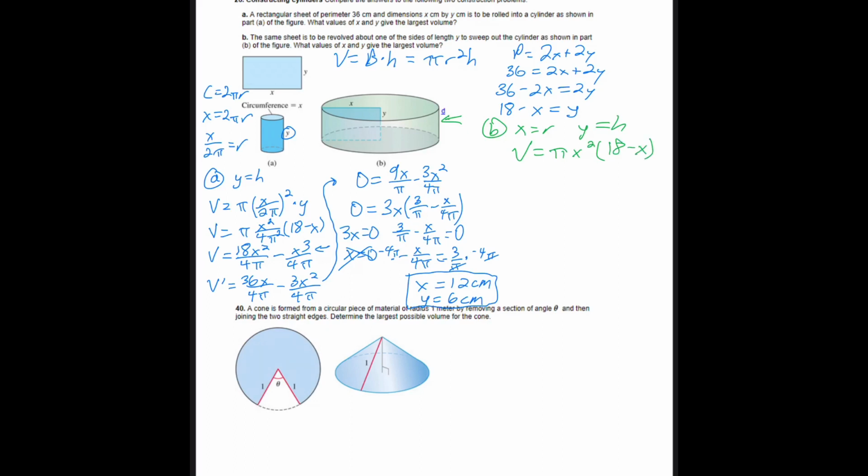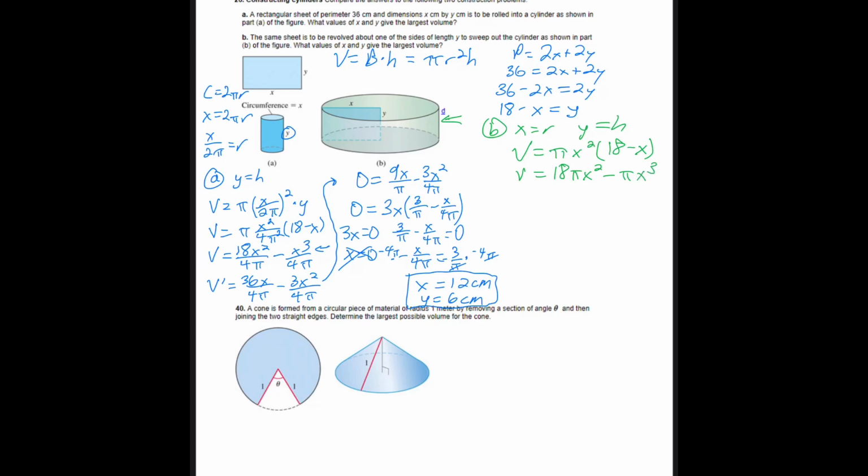So this is going to be a little easier to plug into the formula. So the volume is going to be pi x squared, and then for height, I'm going to use this 18 minus x. That equals y. And then we do the same stuff we did over here.